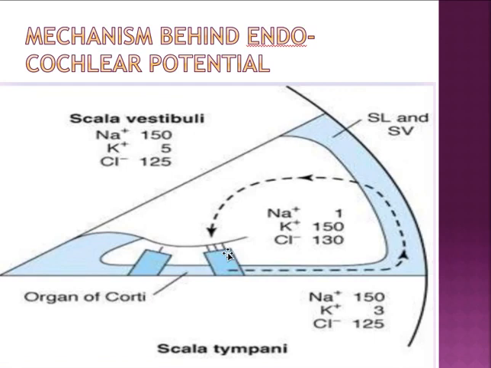And you already know that there is a difference of plus 80 millivolts between the endolymph and the perilymph. Endolymph has a positive potential of plus 80 millivolts.